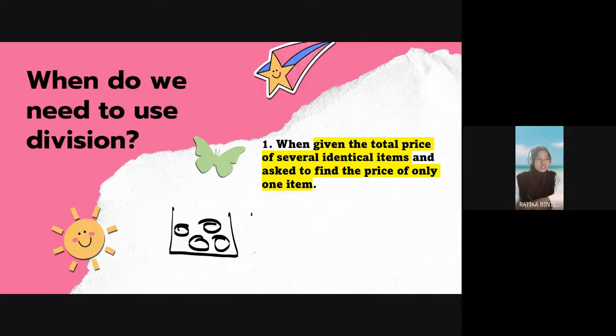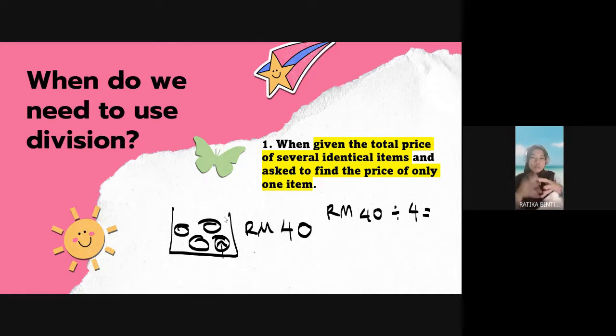The total price of these 4 fish is 40 ringgit. You need to find what is the price of one fish. Then you do 40 ringgit divide by 4 untuk cari jawapan satu fish. Okay, ingat kalau division dia bagi awak jumlah harga and then you need to find the price of one item only.